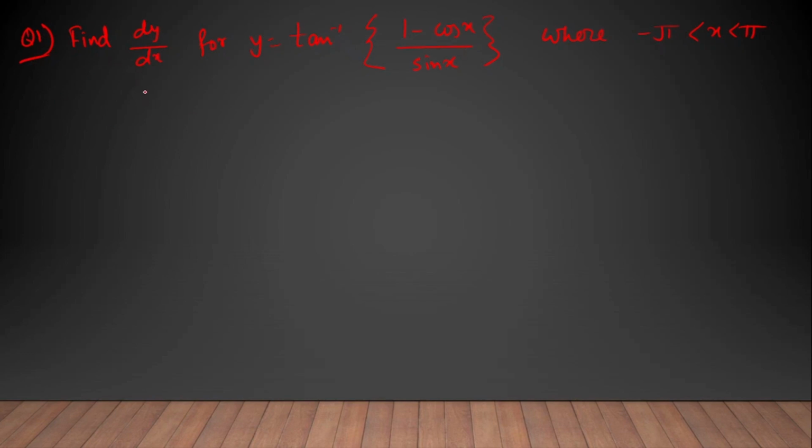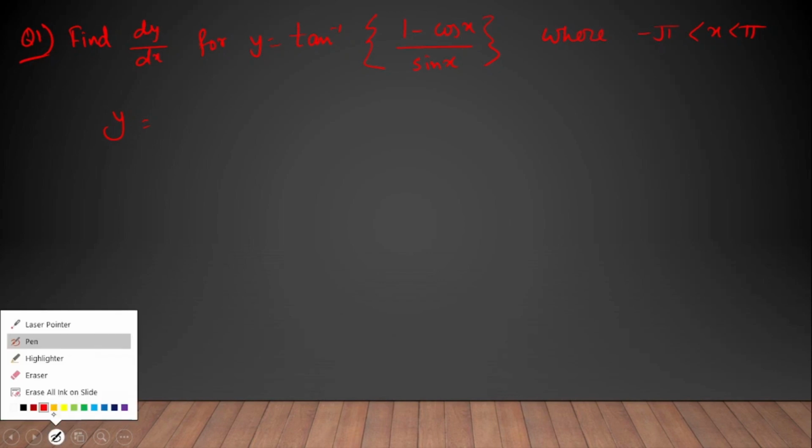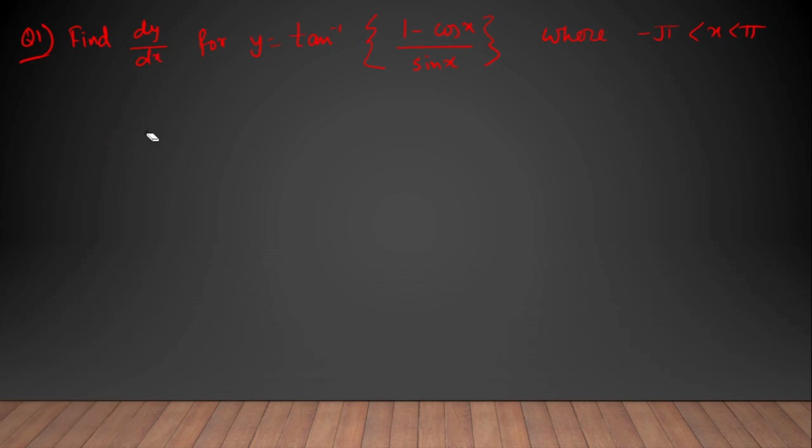So now the question is, we have to take y equals to, okay, I am changing the color. We have to take that y equals to tan inverse 1 minus cos x by sin x.